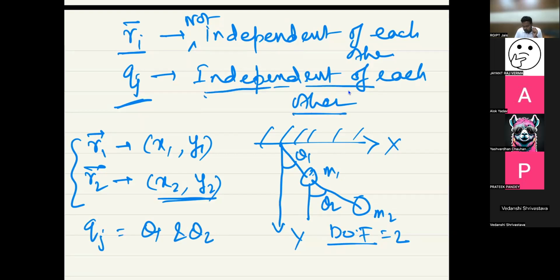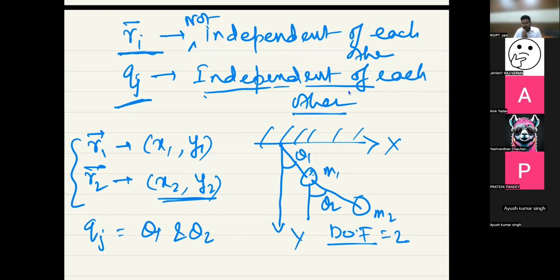But the position vectors are not independent of each other, if there are some constraints. So that is one benefit of using generalized coordinates, that all the generalized coordinates are independent.